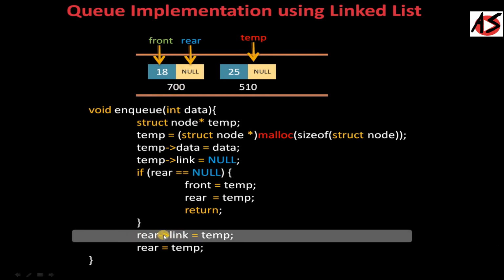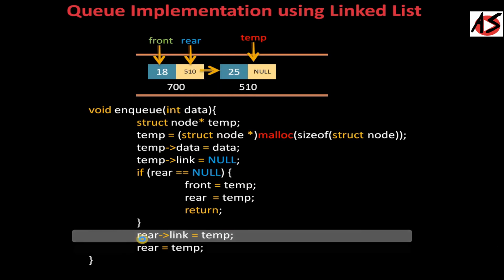So you go to the next instruction, that is rear link is equal to temp. Rear is pointing to the node 700 and its link right now is null. So you update the link and give the address of the temp node, that is 510, to this link. Now the rear link is updated to 510.